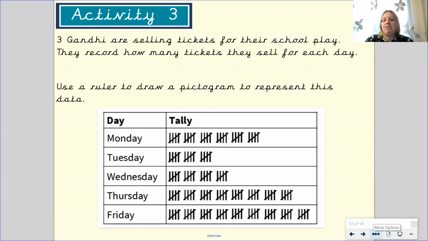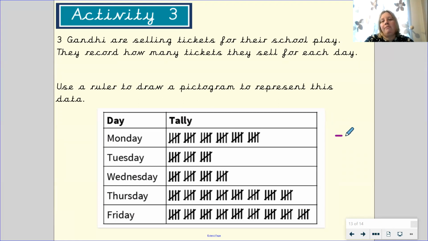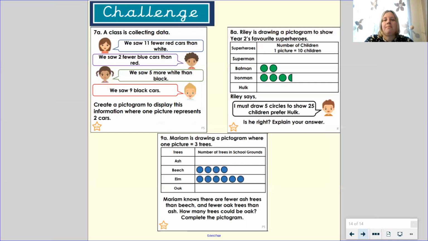Don't make your symbol too complicated. If I was going to do this, I would probably draw a rectangle to represent a ticket, but you've got to decide how many each ticket is worth.